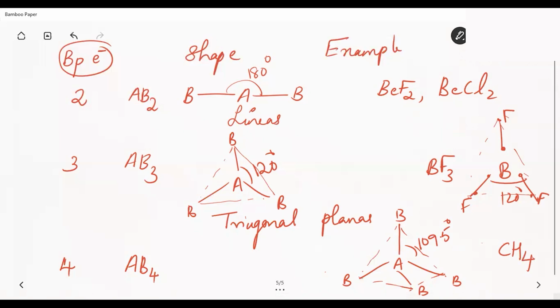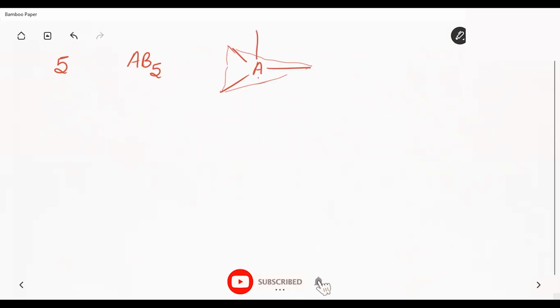Moving to 5 electron pairs, AB5. For that we make A here, and 3 bond pairs in the same plane like a triangle, and one above and one below.